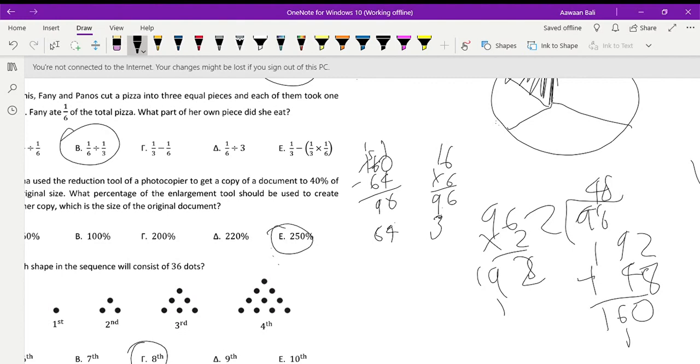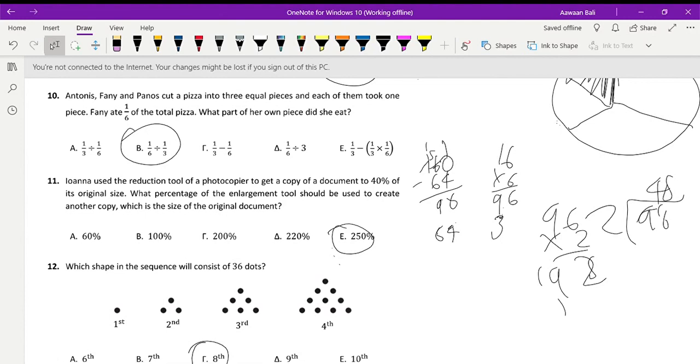This is where it gets a bit confusing. We get 140. What? We got 230. Well, the answer is 250%.